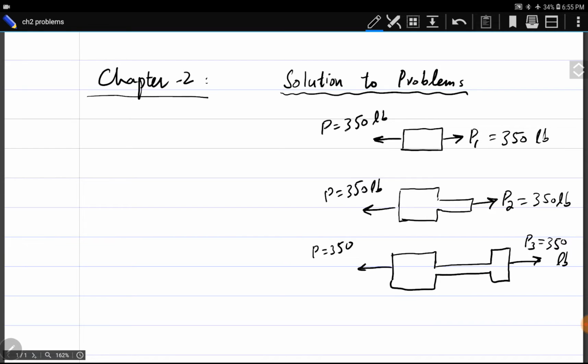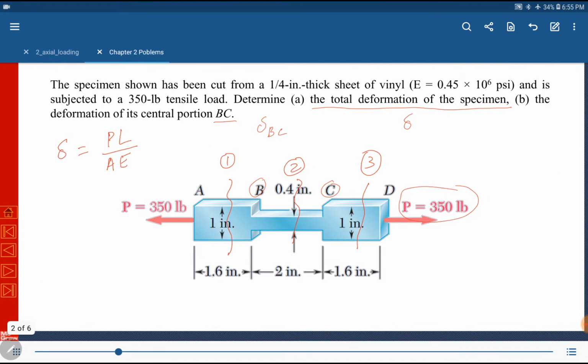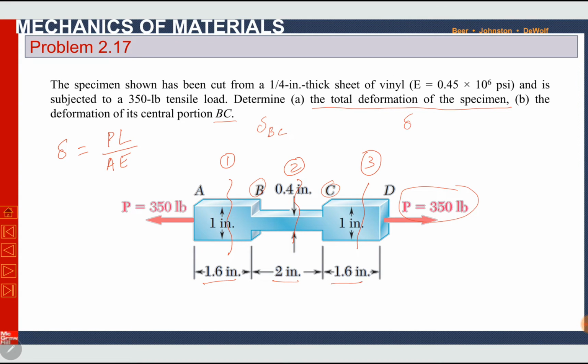Now, L1 is 1.6 inches, L2 is 2 inches, L3 is again 1.6 inches. Area 1, area 2, and area 3. This is a rectangular cross section area, so it will be width multiplied by thickness. Thickness for all the sections is 1/4 inch, and width for section AB, section 1, is 1 inch, for section 2 it is 0.4 inch, for section 3 it is 1 inch.